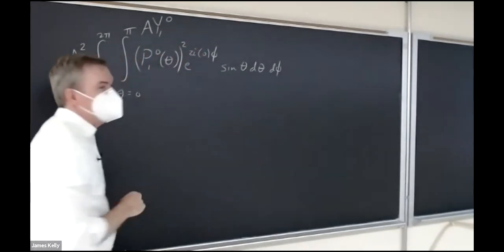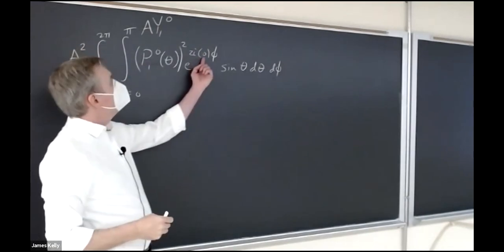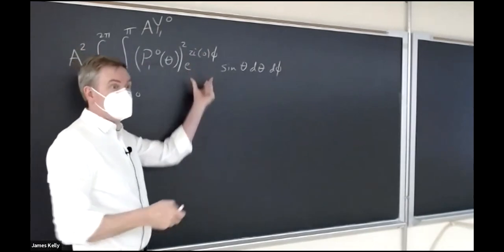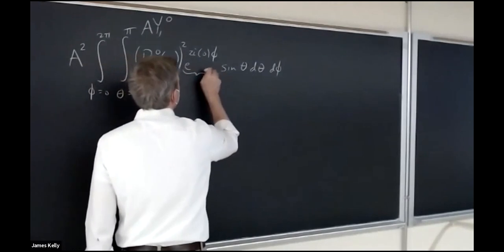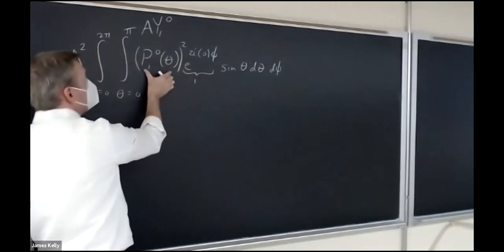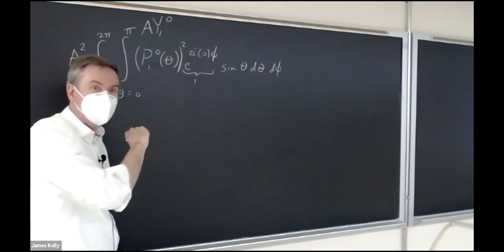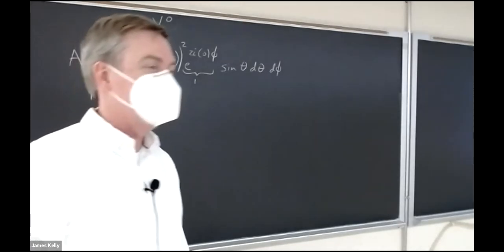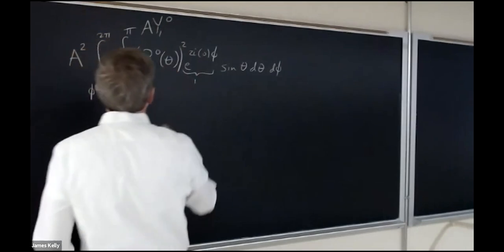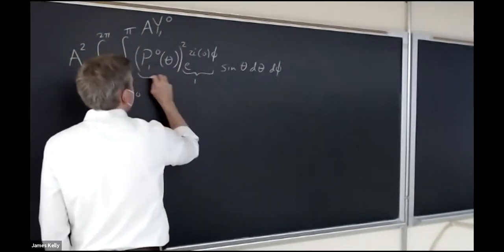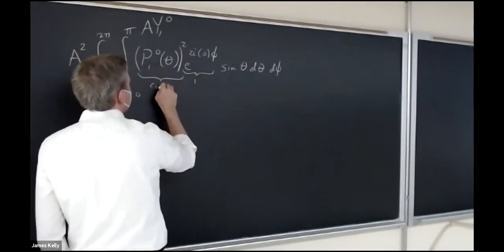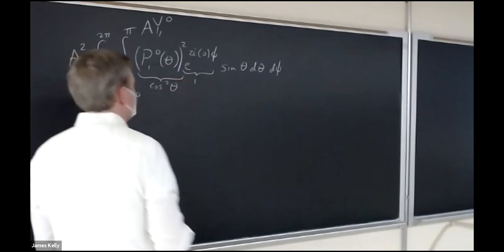M is 0, so e to the 0 is 1. And we're told that this thing is cosine of theta. That came from a table that I flashed very quickly earlier. They're more complicated functions. So when we square it, this is cosine squared of theta.